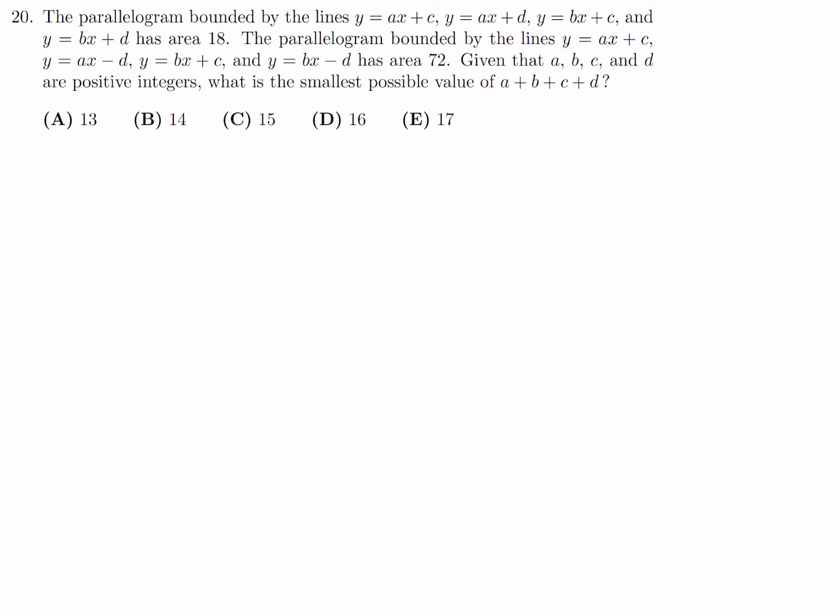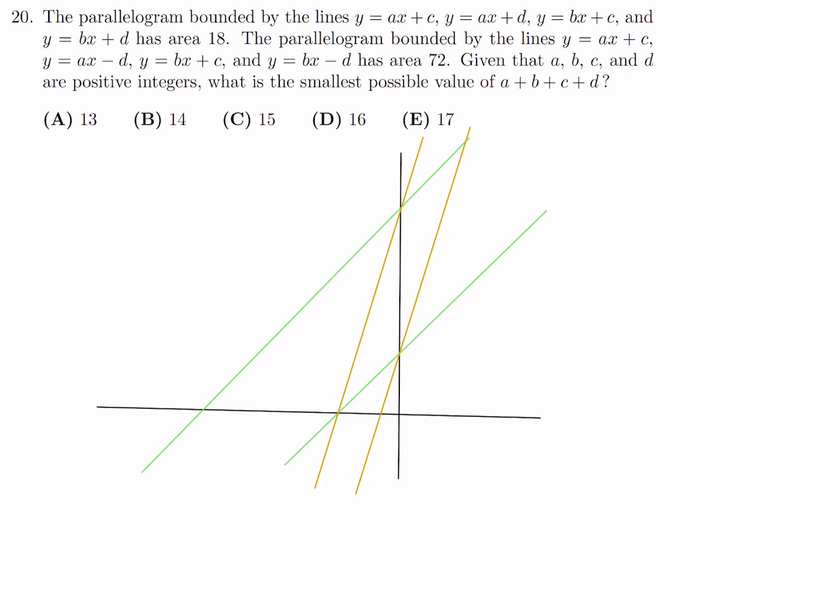So the first step in this question is let's draw a diagram so that I can explain this. So here is my diagram approximately, and I'll label these. This line right here is y equals ax plus c, that green line.